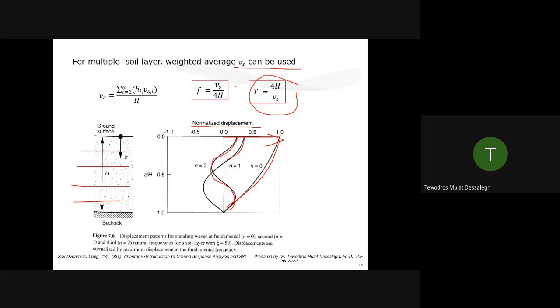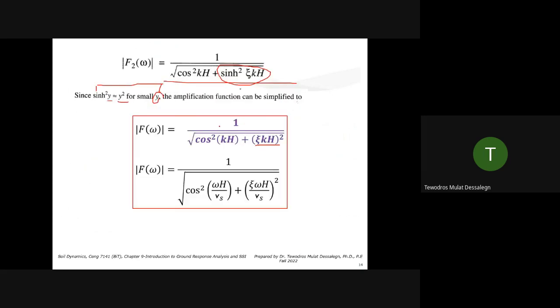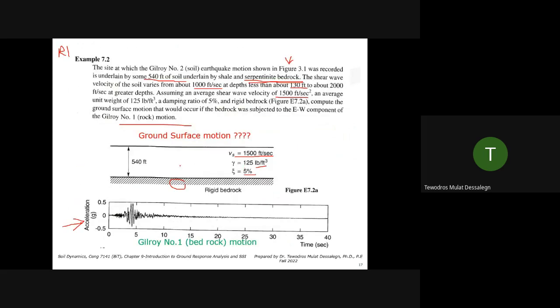We already have the transfer function, right? This one with damping. The damping is given, every component is given, so we know our equation. Now what we are given is the bedrock motion.